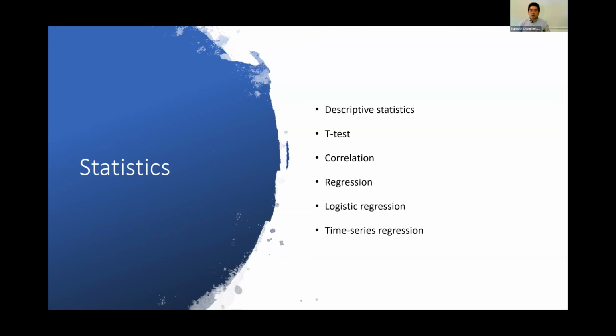And in order to find cause and effect, or stronger associations between sales and your type of customers, your customer income, preference, age, things like this, we start using regressions. And once we get to know regressions, we can move on to the advanced level in statistics, which in this foundation course would be logistic regressions and time series regressions.